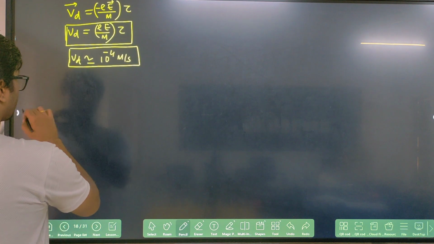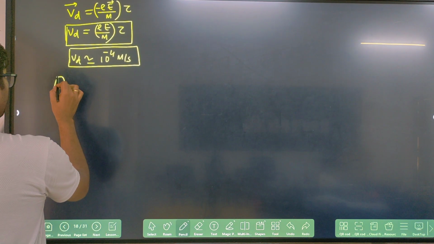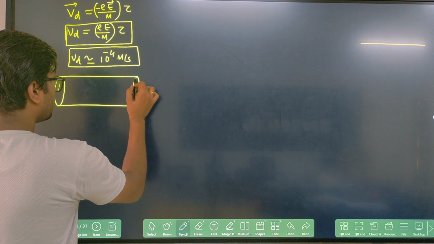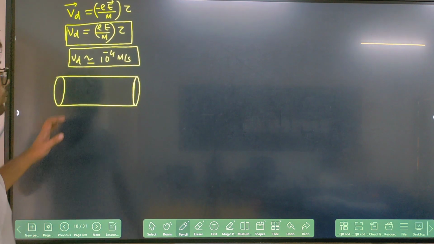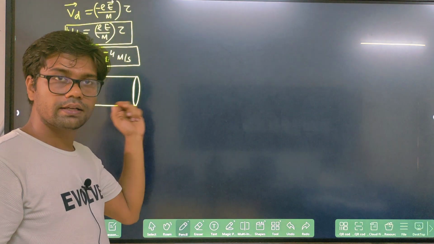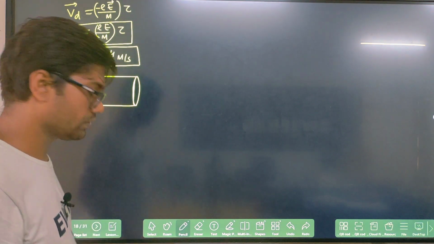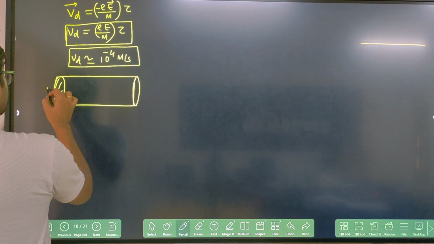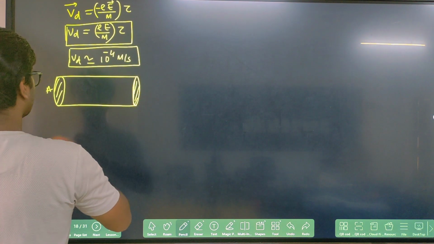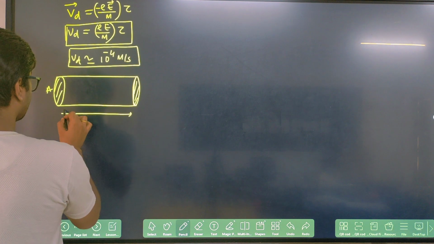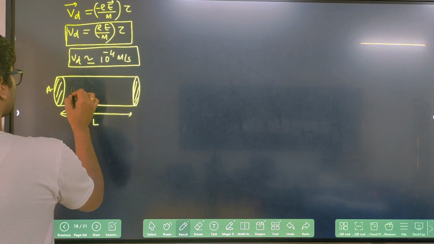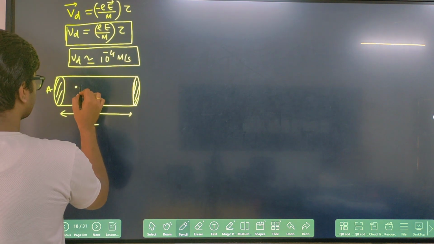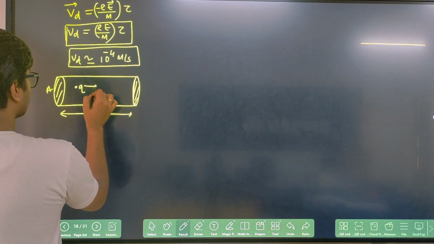Okay. Now let's talk about the electrons in the conductor. Let's say this is a conductor, and we are now proving the relation between the current and the drift velocity. So this is a conductor, this area is A and this length is L, and let's say there is a charge Q inside the conductor moving along this direction.